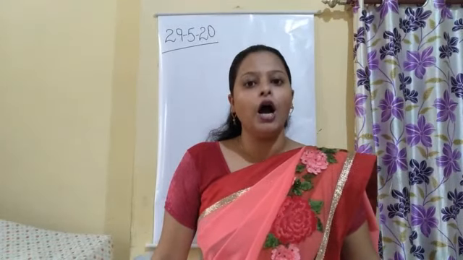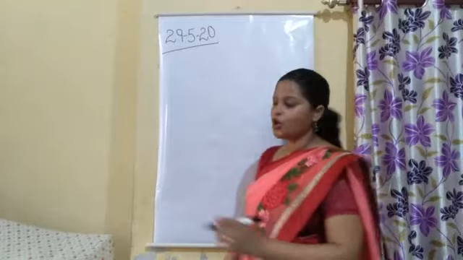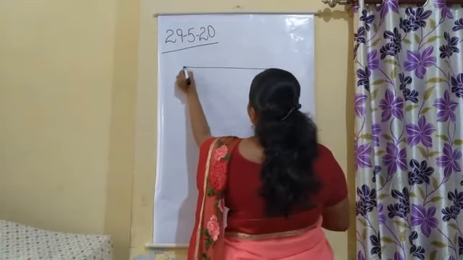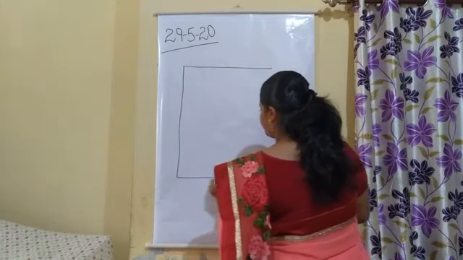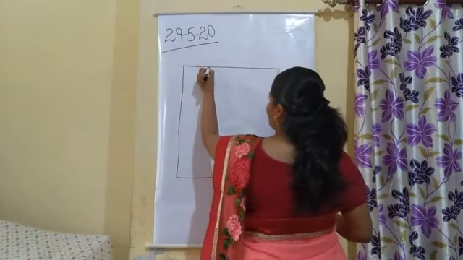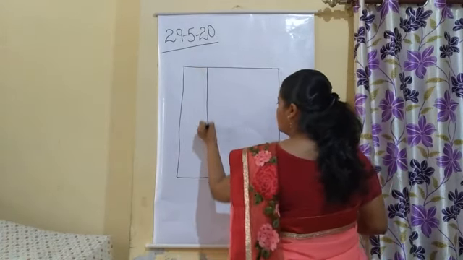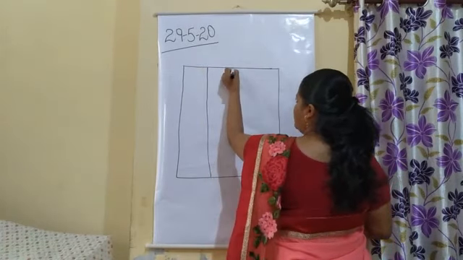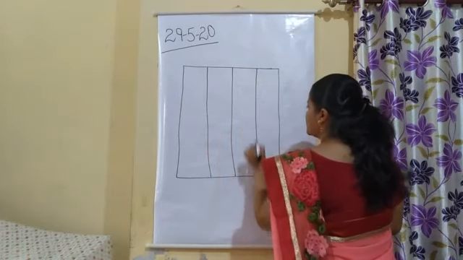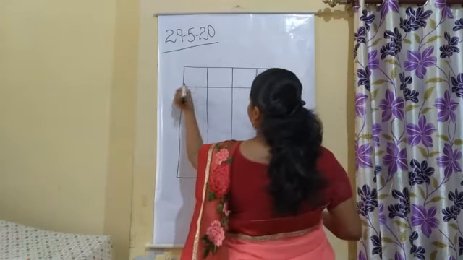Now I will tell you how you will do it. In the copy you have to make the chart and divide it into parts. Paleolithic, Mesolithic, Neolithic and Chalcolithic, you have to write like this.